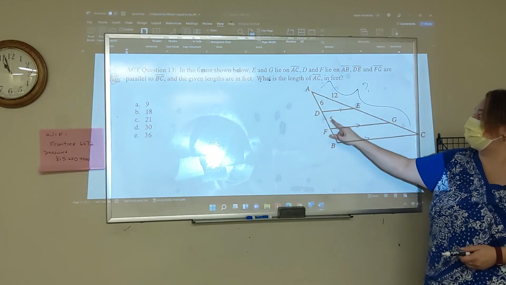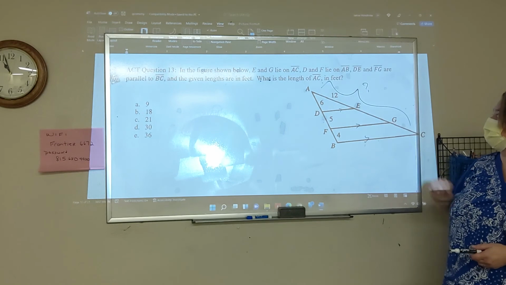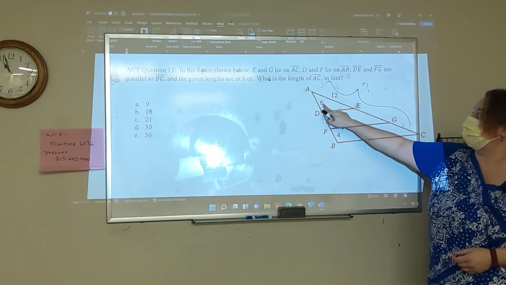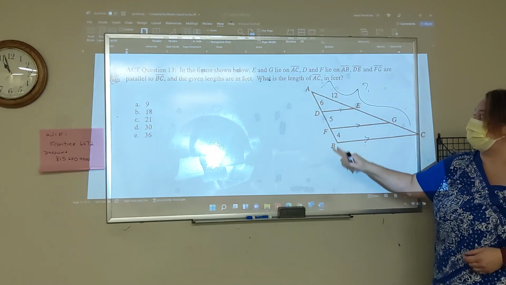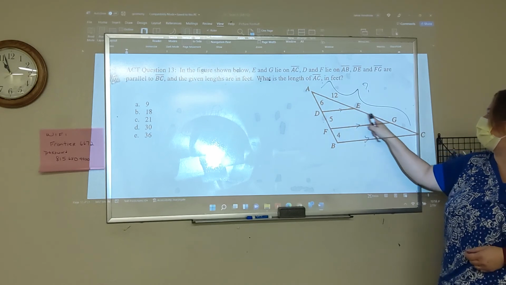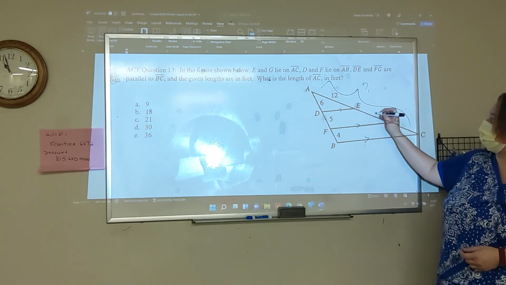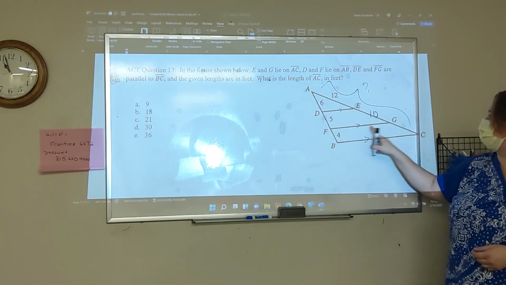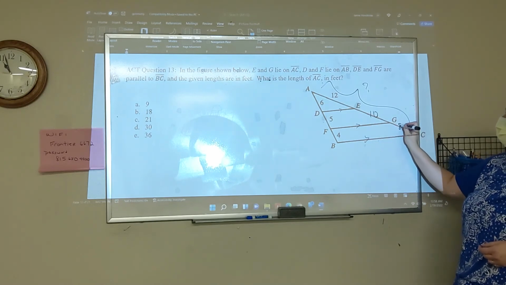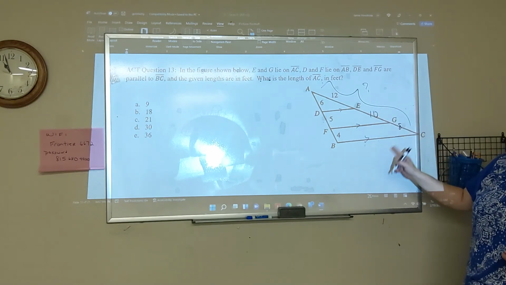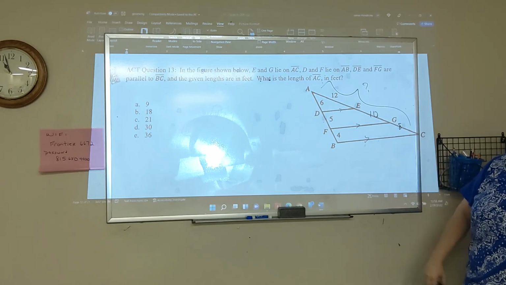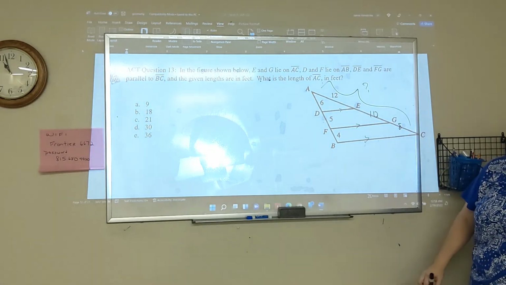That also means that their parts are in proportion. So to go from 6 to 12, you multiply by 2. To go from 5 to EG, you're also going to multiply by 2. To go from 4 to GC, you multiply by 2. And then to get the whole thing, we just add. So 12 plus 10 plus 8 is 30. So your answer would be D.